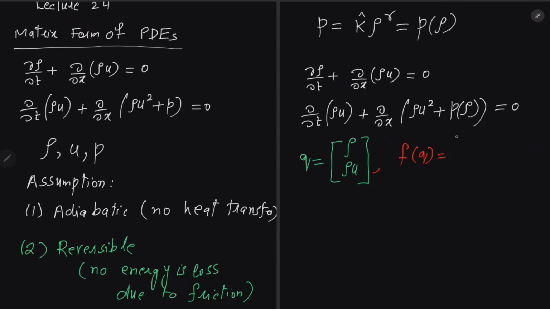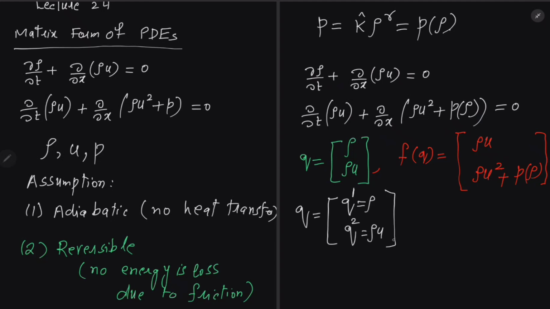So we have the flux term here: rho U and rho U square plus P, pressure, which is a function of rho. If I want to write this in terms of Q, its components are Q1 is rho and Q2 is rho U. So how can I change the flux term accordingly?